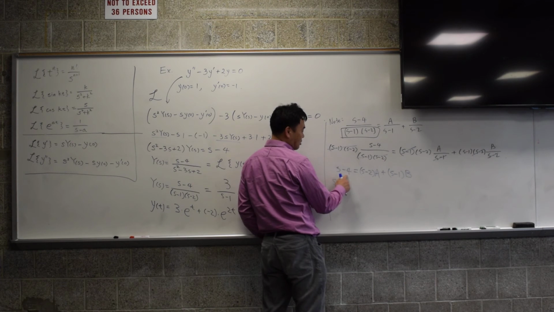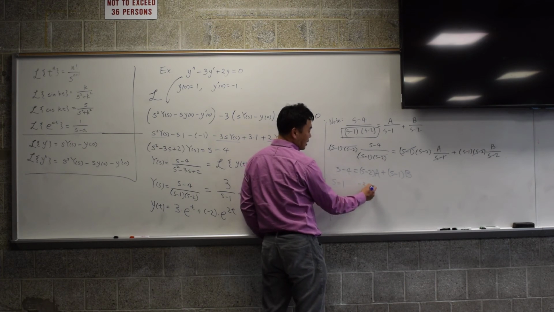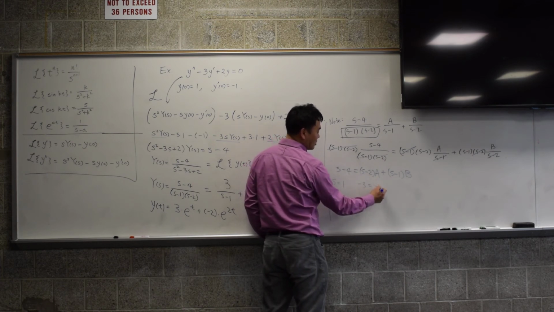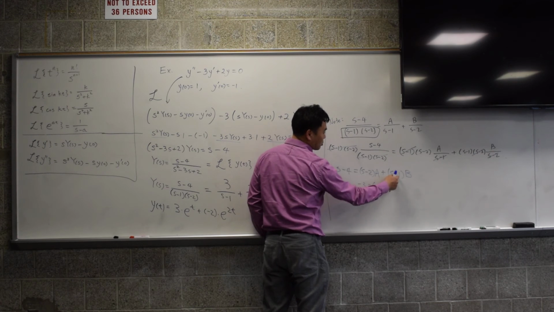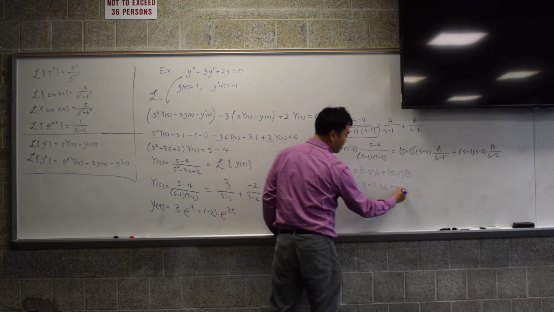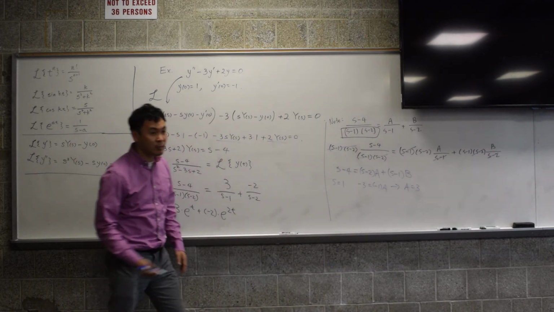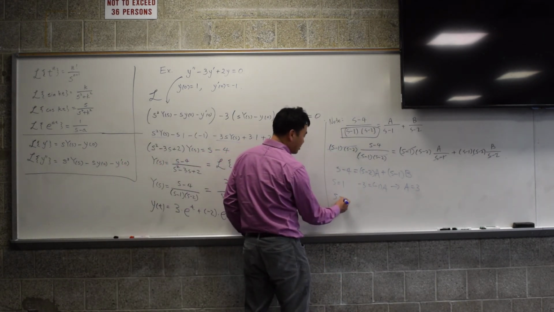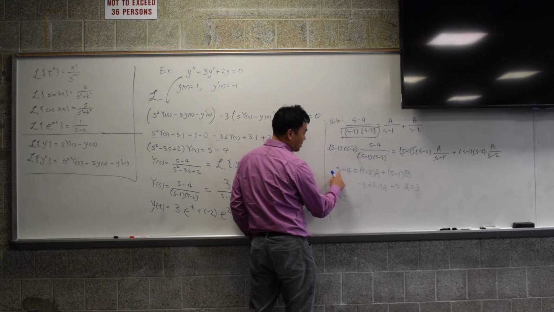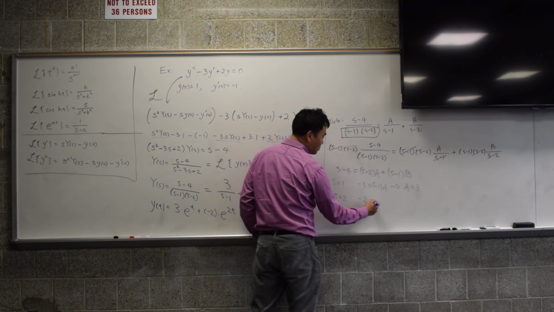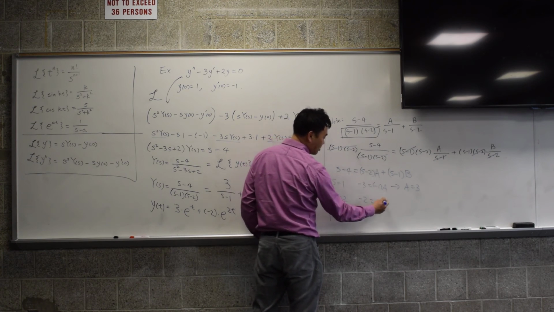Let's see what you get if you plug in 1. You get negative 3 on this side. 1 minus 2 is negative 1. 1 minus 1 is 0, so you get this, and you immediately get a equal to 3, which was the result that we got before. And then you can plug in s equal to 2, and that's 2 minus 4, which is negative 2. 2 minus 2 is 0.